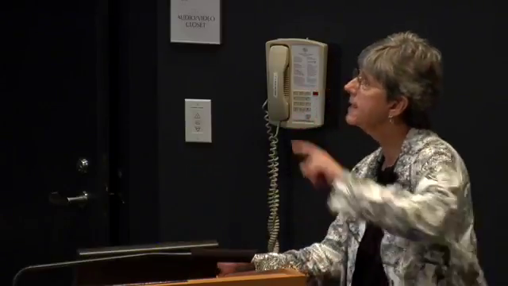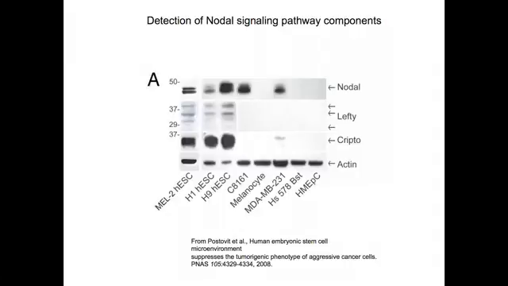So what the Hendricks lab has found is that certain cancer cells are expressing a protein called nodal. These are actually separate Western blots, but these are 3 human embryonic cell lines.